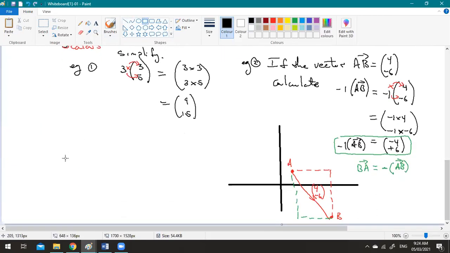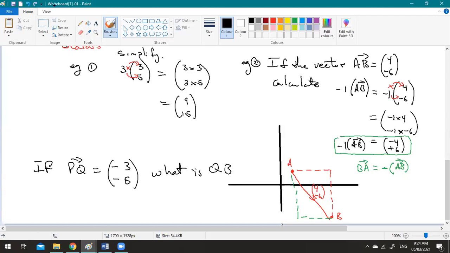So another example of that: if PQ is equal to -3, -5, what is the vector QP? If we watch the letters PQ and then QP, all we're doing is putting a negative sign in front of the PQ.